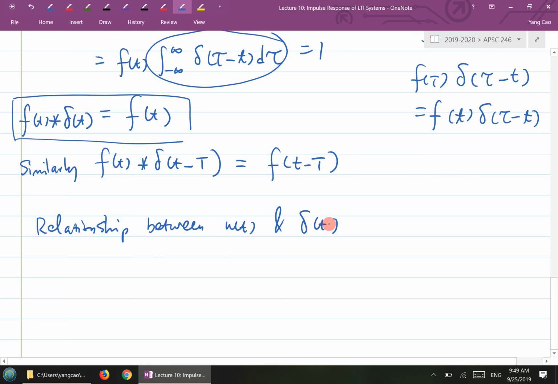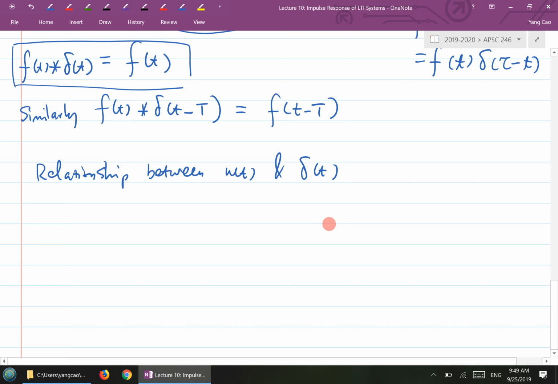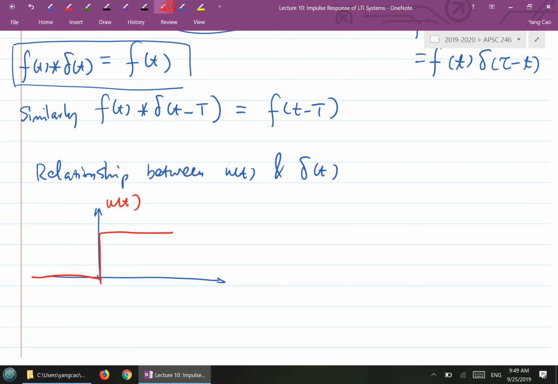The conclusion will hold, though. So first, let's take a look at u of t. It goes 0, 0, 0, and then jumps to 1, and then goes all the way to the right.